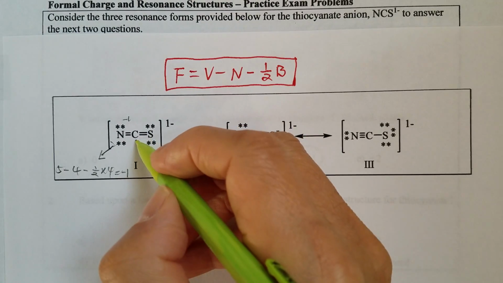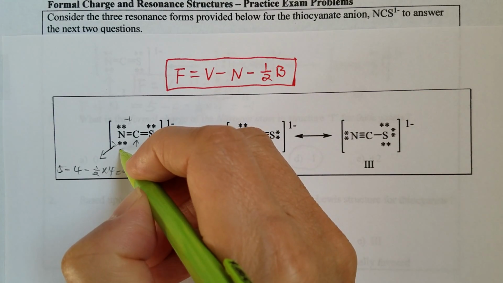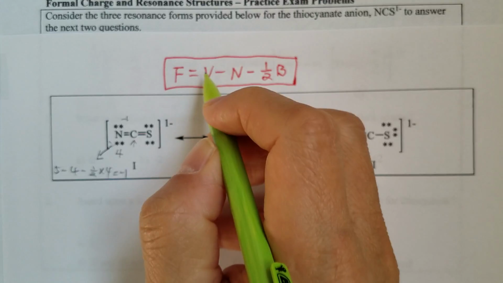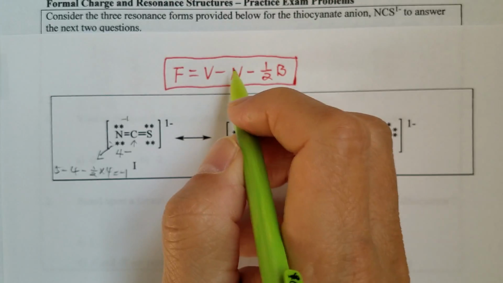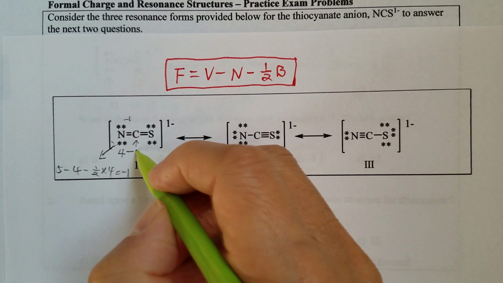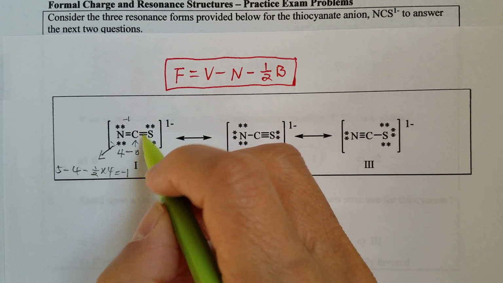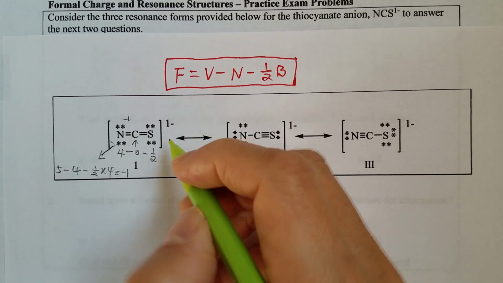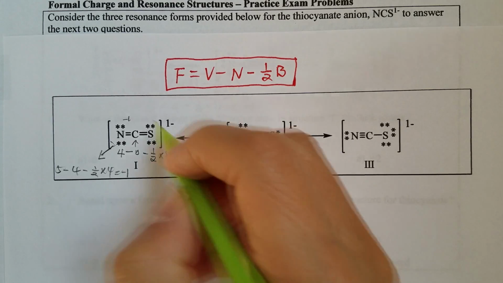And then let's look at the carbon. Carbon is in group 4A, 4 valence electrons. There is no non-bonding electron, that's 0. And then the number of bonding electrons, there are 1, 2, 3, 4 lines. That means 8. And that gives us 0.